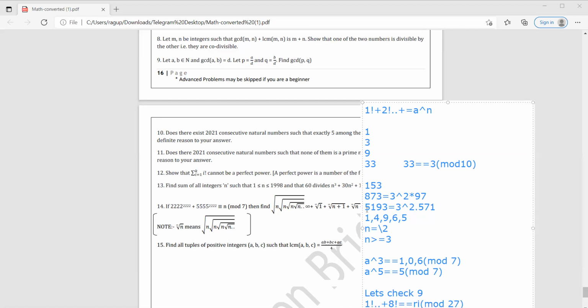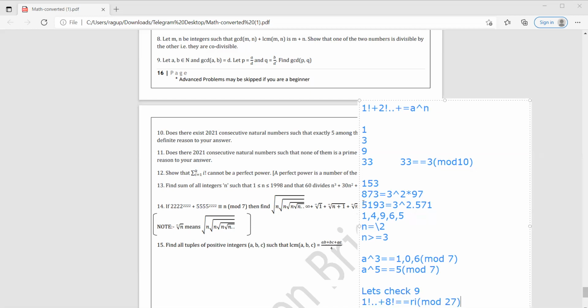So we have calculated till 6 factorial, 7 factorial, 5193 we got. Now let's add 8 factorial in it, 40320. Let's check the remainder on division by 27.